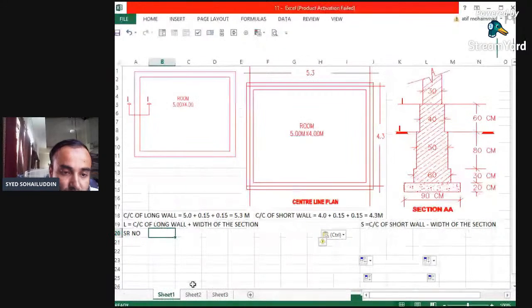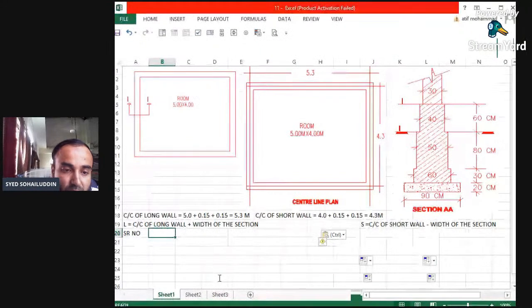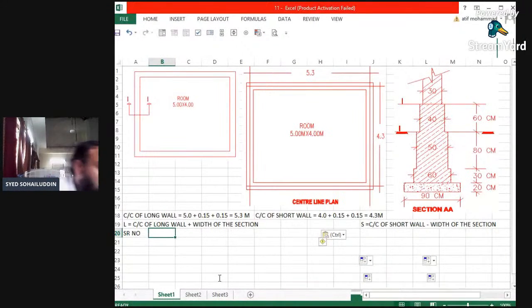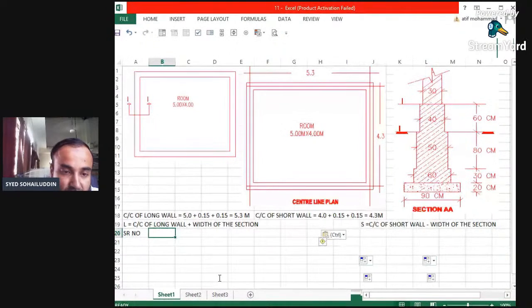Again, in the same way it is calculated for the short wall. The short wall is 4.3, but here we subtract the width of the section, which is 0.6. That is 4.3 minus 0.6, which is 3.7 meters. Why 0.6? Because the width of the section is 0.6.